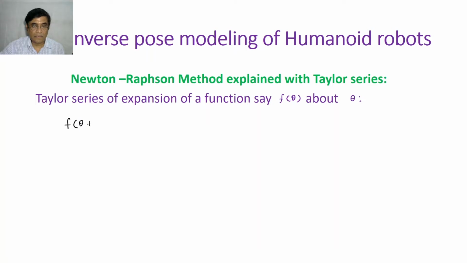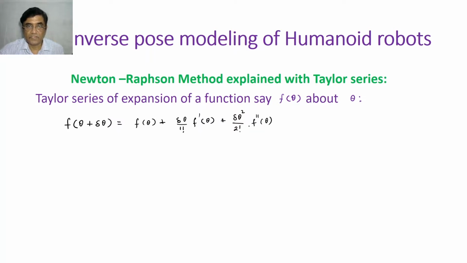So f of theta plus delta theta equals f of theta plus delta theta divided by factorial 1 times the first derivative of that function, plus delta theta square divided by factorial 2 times the double derivative of that function at theta, plus delta theta cube divided by factorial 3 times the triple derivative of that function, and it continues.